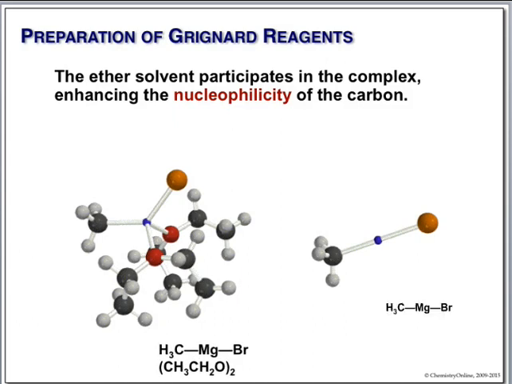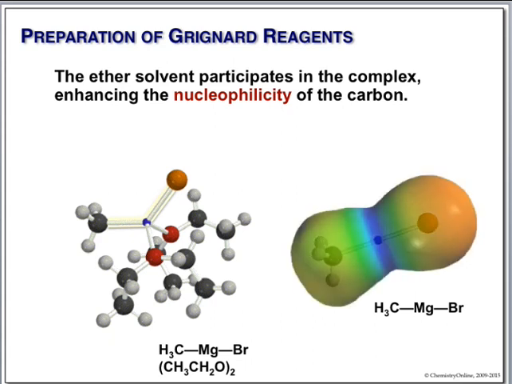These things must be done in ether, as we said back in chapter 11, and that's because the ether actually complexes with the magnesium. This is methyl magnesium bromide without the ether. Here we have it with the ether, the two ethyl ethers stuck on there.